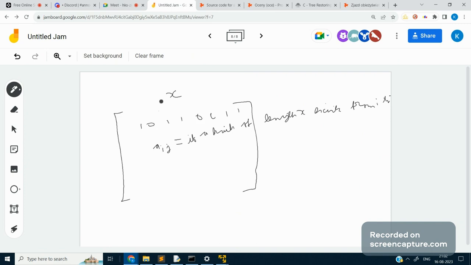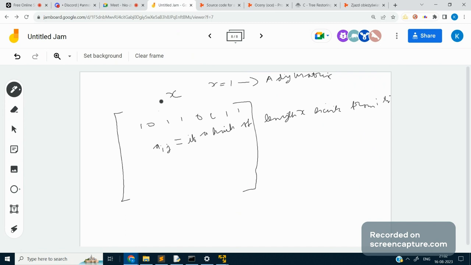Now if x equals 1, this is the normal adjacency matrix. And we need to be able to find this matrix for greater x also.